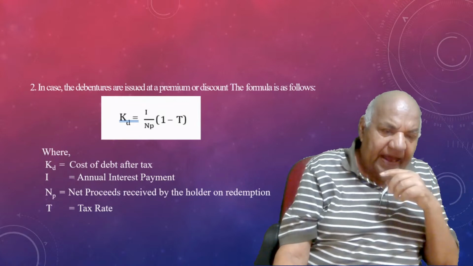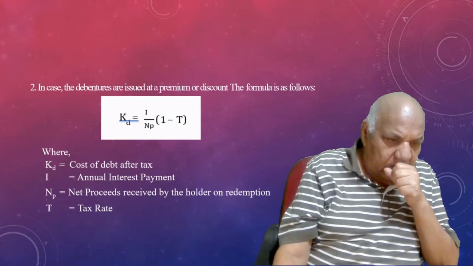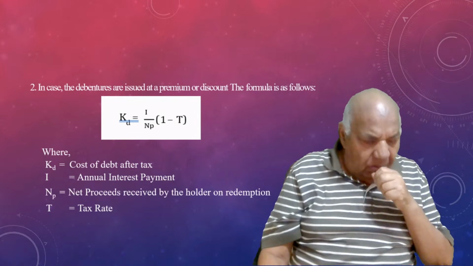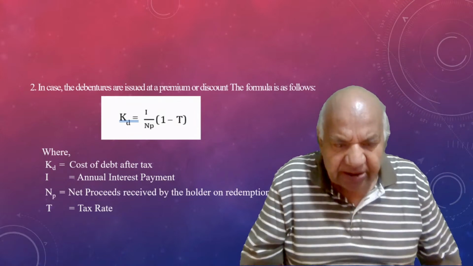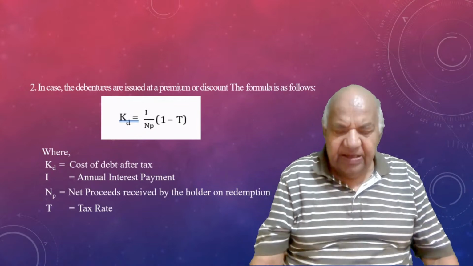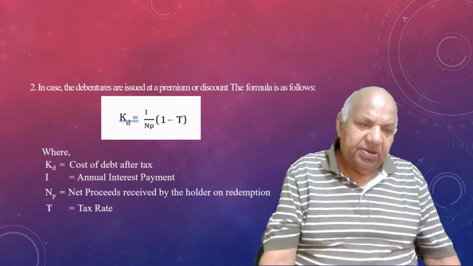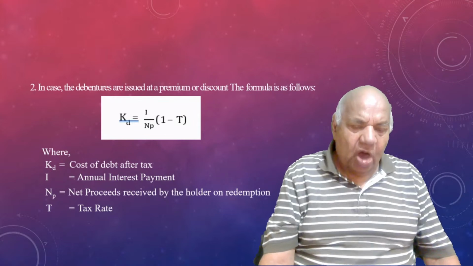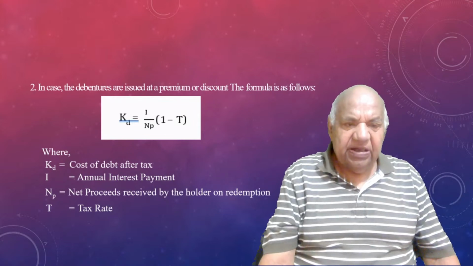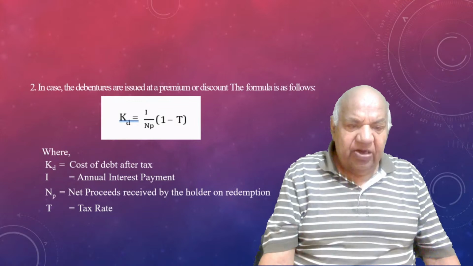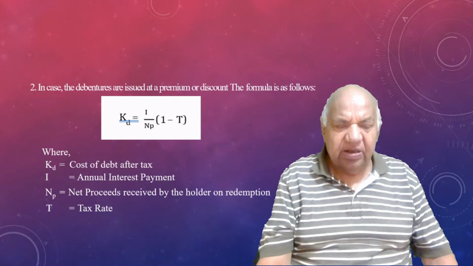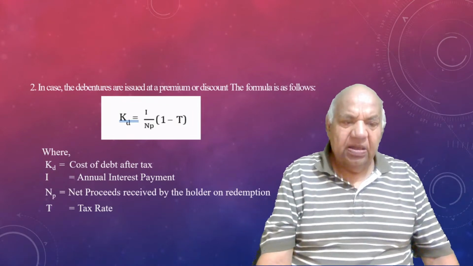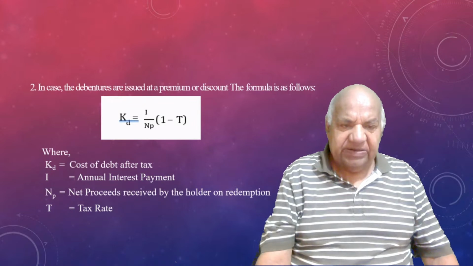I is annual interest payment and NP is net proceeds received by the holder on redemption, and T is tax rate. Therefore, cost of debt after tax is annual interest payment divided by net proceeds, multiplied by 1 minus tax rate.